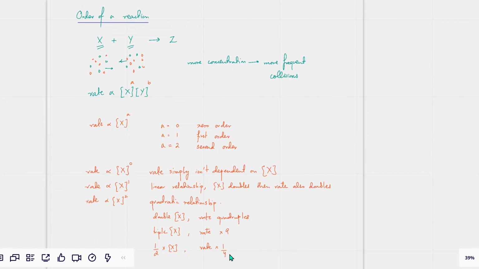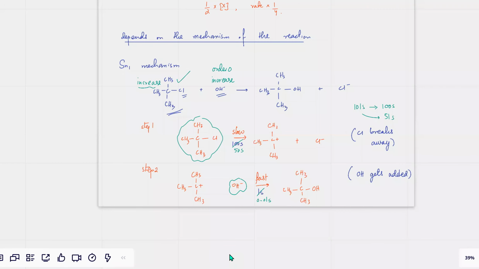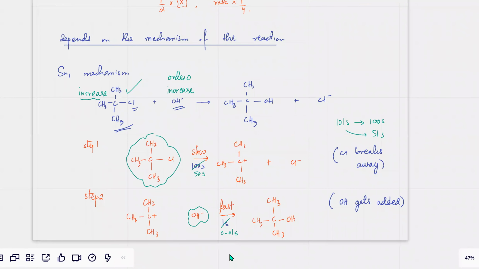So we talked about that, and we talked about the mechanism. I told you that any reactant that's involved in the fast step will have 0 order, which means the rate would not be dependent on the fast step. If you increase the concentration of your reactant in the fast step, that step will speed up, but it will have absolutely little effect on the overall speed of the reaction.